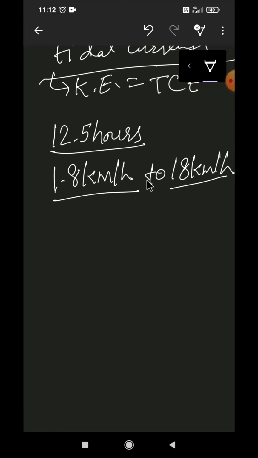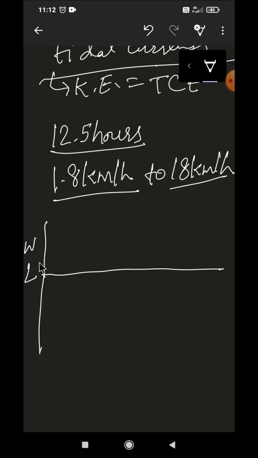Now we will see a tidal range. Suppose let's draw a graph, with the y-axis and x-axis. On the y-axis we have water level.